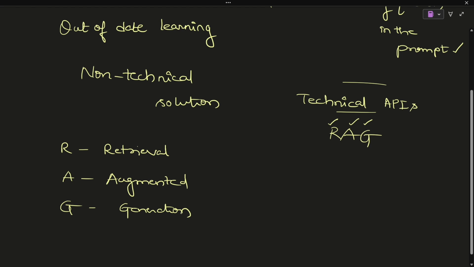Let's discuss word by word. What does generation mean? Obviously to generate something, and all our LLMs are generative AI models, so they generate some response. What does augmented mean? Augmented is to add something on top of something.